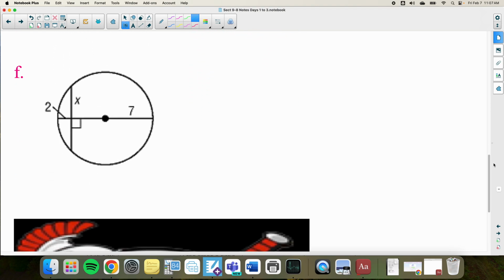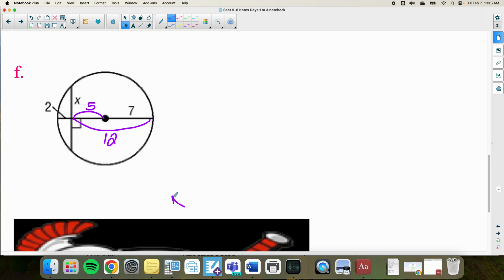Okay, so if we look at this one here, this is 2. What's this? Okay, so what's this whole distance? 12. Now, let's see if you guys remember this. Back in section 9-3, we learned if you have a diameter perpendicular to a chord, what did we know about those two?